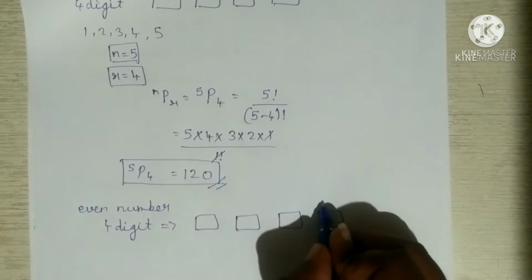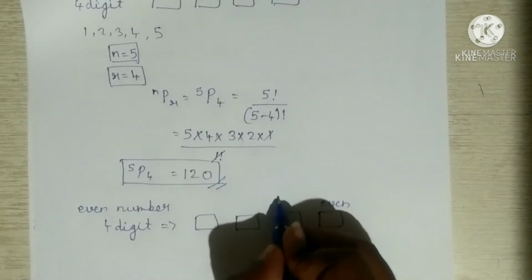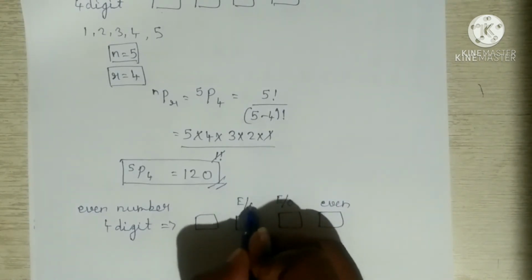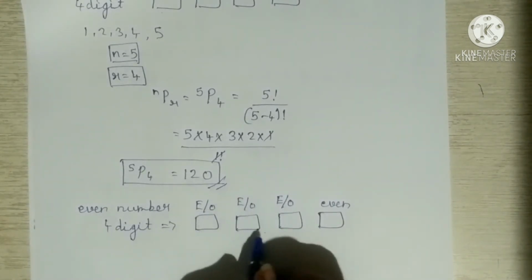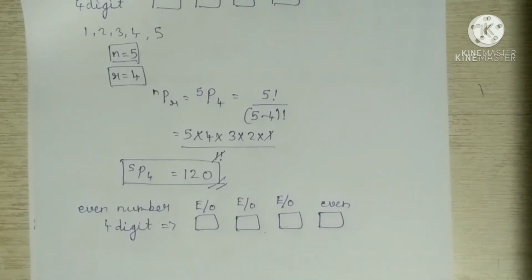This fourth digit will be even only, and the third digit can be even or odd, the second even or odd, the first one is also even or odd, except the first 3 digits. The fourth digit should be even.